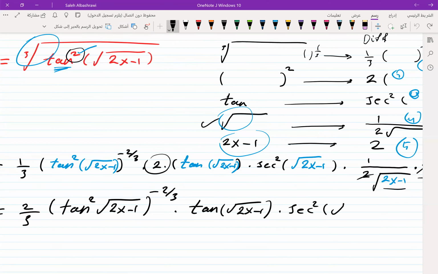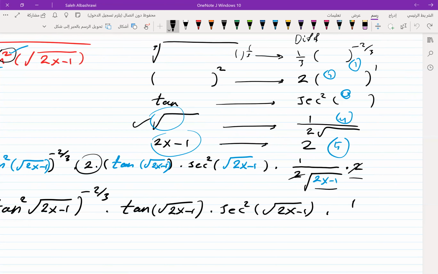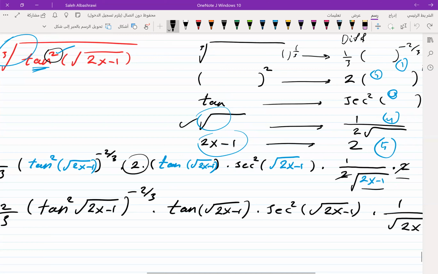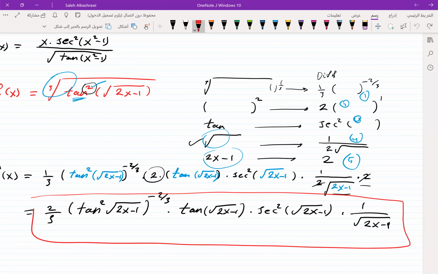Secant square of 2x minus 1 multiplied by 1 over square root of 2x minus 1. So this is the derivative of this function. Since I have 5 functions, I must have 5 derivatives, and the derivative will be the product of these derivatives.